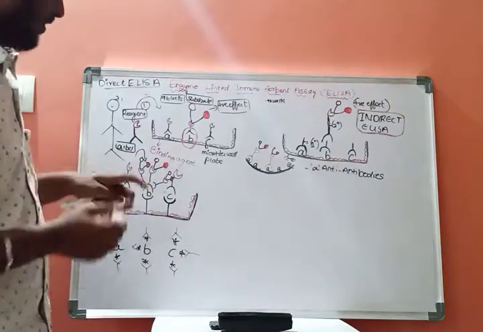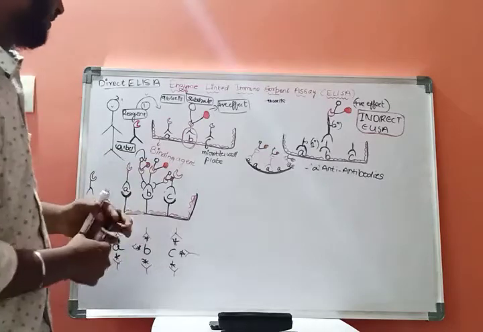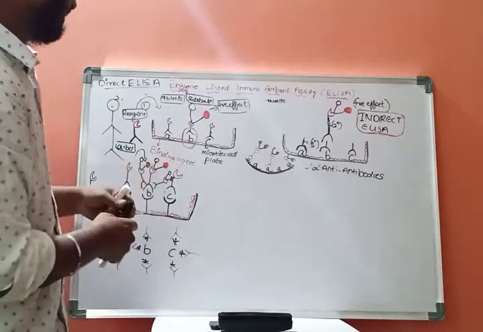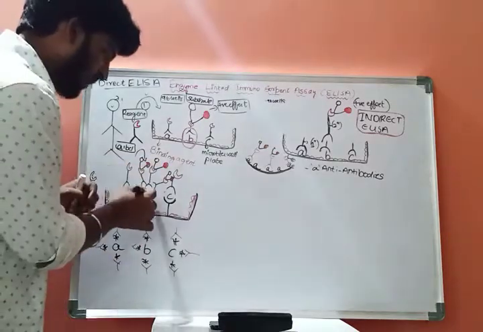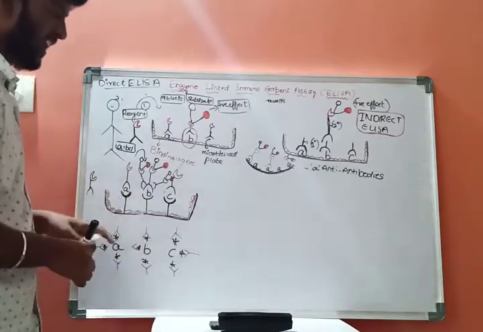So whenever the colorless substance gets converted into a colorful substance, a positive effect is shown, and here this B type of antigen is sandwiched between primary antibodies and secondary antibodies.